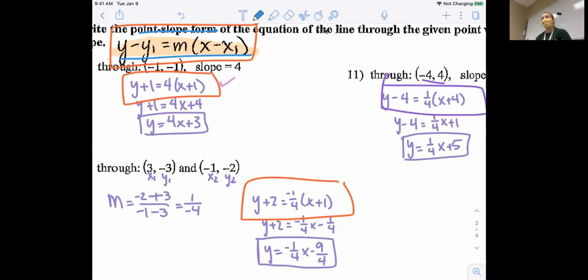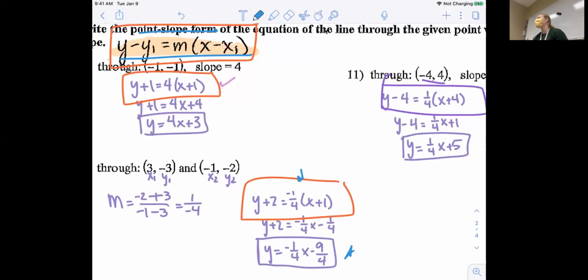Yes, Gwenna. So for the last one, I just got the same thing. Oh, wait. You plug in the other point? Yeah. That's fine. The final answer should have been the same, but maybe this answer was wrong. Or I got y equals negative 1/4 x minus 15.